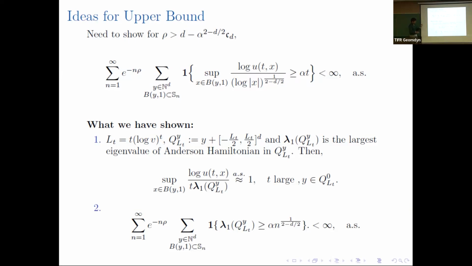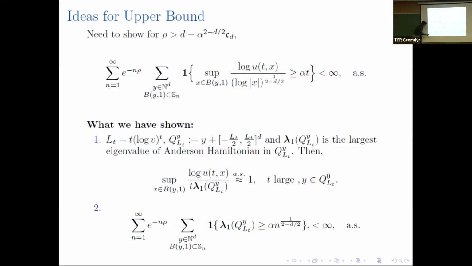So it ultimately boils down to understanding this indicator function in terms of something related to the eigenvalue of the parabolic Anderson model. With this comparison principle, if you rewrite this whole sum, it would look something like this. Now it's a slightly simpler form than what it was before.